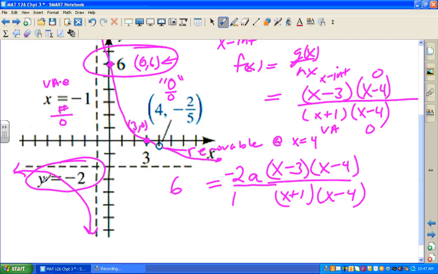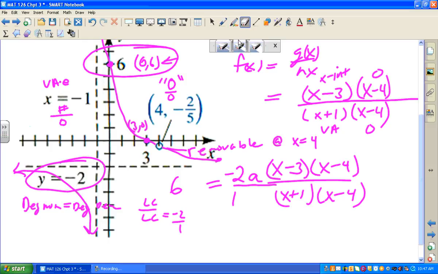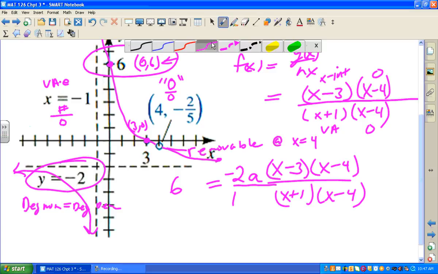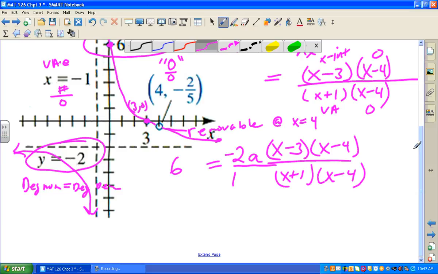Because since it has a horizontal asymptote at y equals -2, I know the degree of the numerator has to equal the degree of the denominator. Okay? So that means the leading coefficient divided by the leading coefficient has to equal -2. All right? So I'm just picking -2 over 1. Could be some other multiple. I think I'll put 0 in and see if it comes out to equaling 6. I hope so. That means a would be 1.